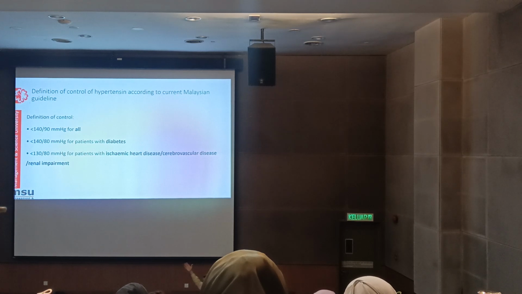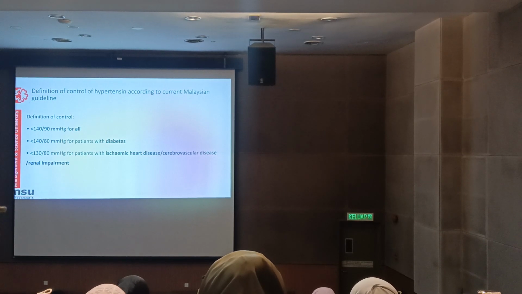If your patient is hypertensive with heart problem, like ischemic heart disease, cerebrovascular disease, or renal problem, you have to achieve both systolic and diastolic less than 130 over 80. Less than this value.